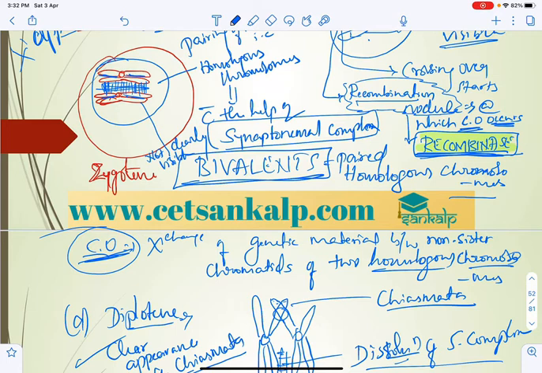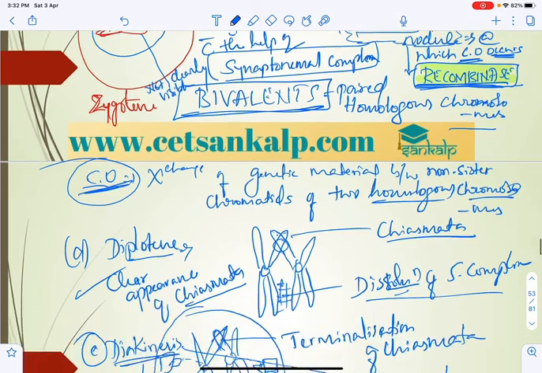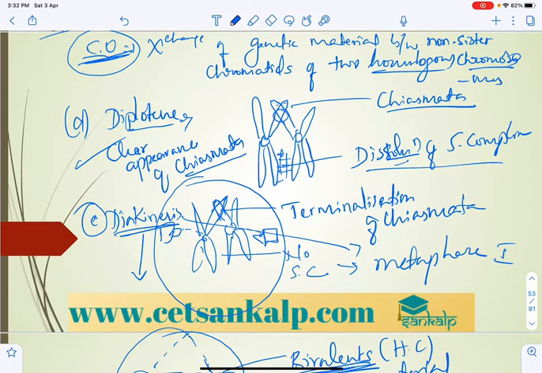At the end of diakinesis, that is late prophase, the nuclear envelope, Golgi complex, and endoplasmic reticulum disappear.